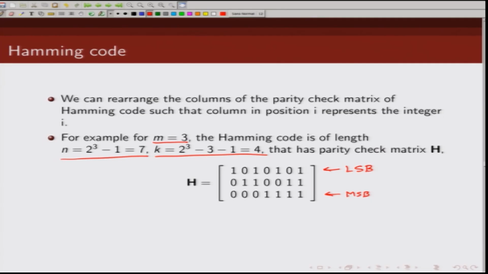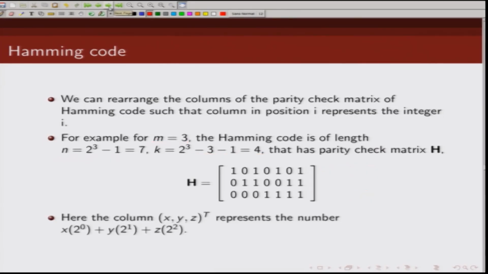So, each column represents a number in this particular way. So, this is the least significant bit, this is the most significant bit. So, this is 0, 0, 1, that is binary 1. So, this is my column number 1. This is 0, 1, 0, that is 2, 0, 1, 1, that is 3, this is 4, 5, 6, 7.